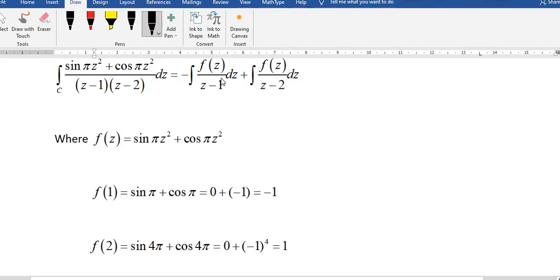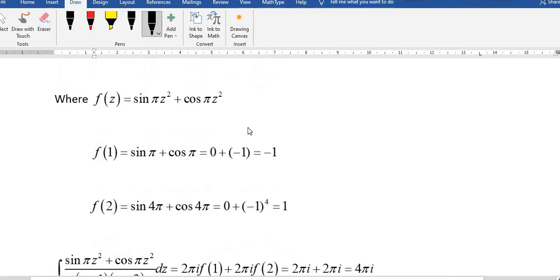Here n is 0. Here also n is 0 because the power of this term is 1. Whenever power of denominator is 1, n equal to 0. 0 factorial is 1. Nth derivative of f of a becomes 0th derivative of f of a. That is nothing but f of a only.